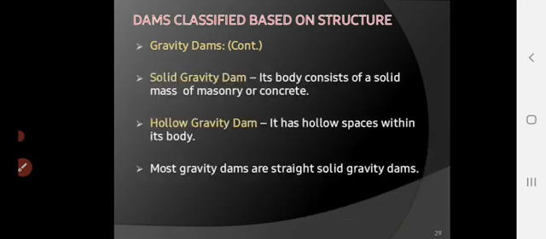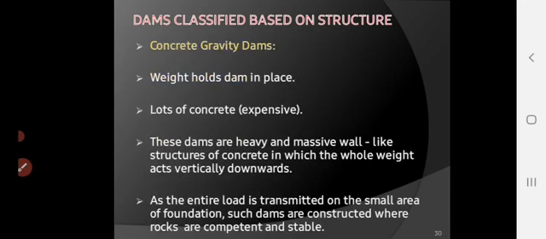A solid gravity dam consists of a solid mass of masonry or concrete. A hollow gravity dam has hollow spaces within the body. Most gravity dams are straight solid gravity dams. The concrete gravity dam holds the dam in place. Lots of concrete is required. It is very expensive.